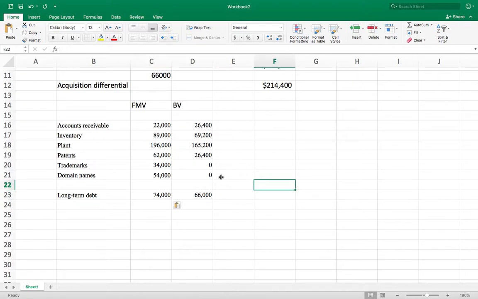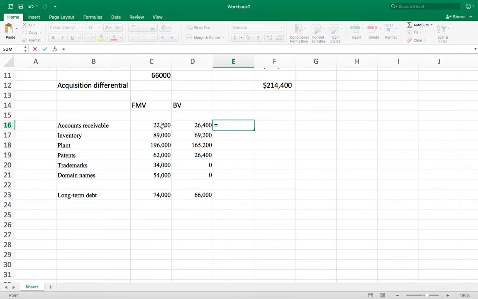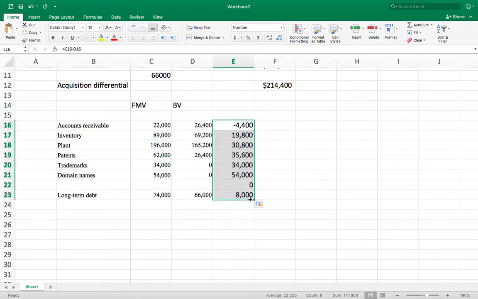Okay, so let's total this. We take this minus this. For accounts receivable it's minus 4,400. We're going to do this for all. So you get 19,800 for inventory, and so on for plant. These are the differences we paid.